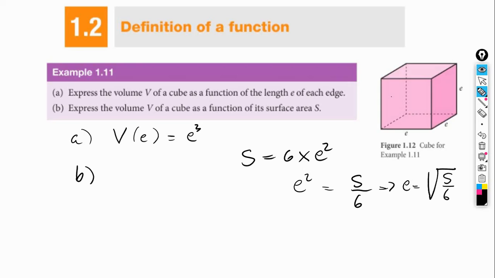Now notice that I'm not using a negative sign here because we're talking about lengths. Therefore, all the values that we're interested in are positive. So now that we have an expression for E in terms of S, we can plug that in here, and we will get a function of the volume in terms of the surface area S. So we can say that V of S is equal to, because it's equal to E cubed, the square root of S over 6, cubed.